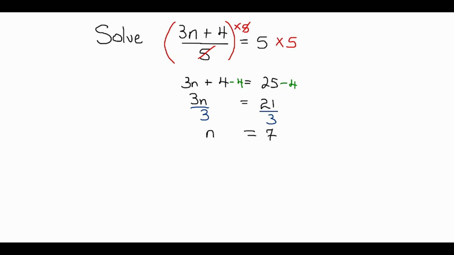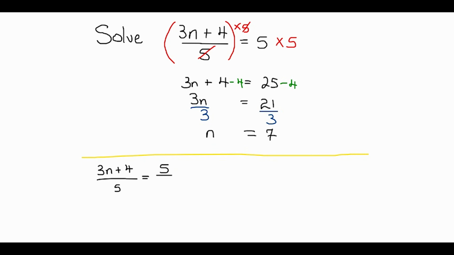So if I were to apply the concept of cross multiplication here, what I would have gotten would be something like this. I first start off with my original equation, 3n plus 4 over 5 is equal to 5. My expression on the right side is just a single numeral.